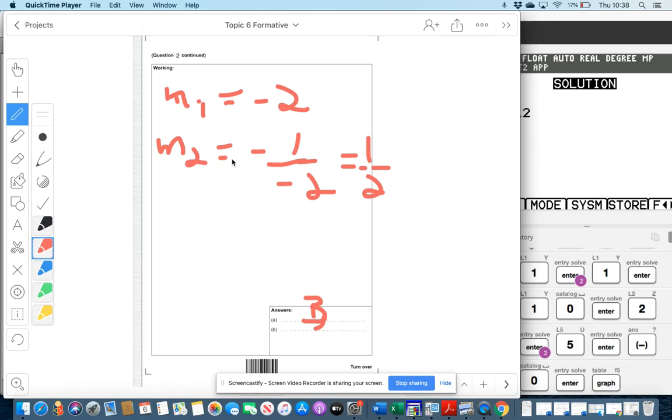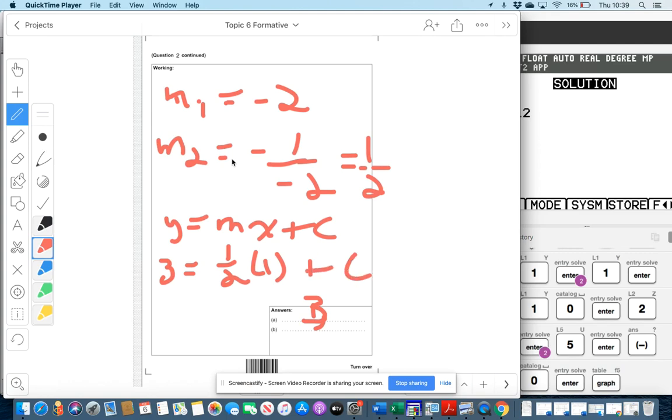I could do y equals mx plus c. I know m, I know y, and I know x. So y was 3, 1/2 for m, 1 for x. Solve that for c, and you get 5 over 2, or 2.5.